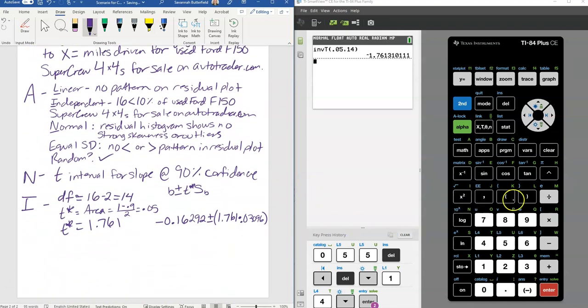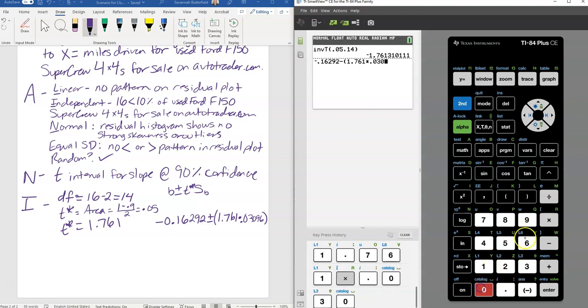So now I'm going to plug this into my calculator over here. I'm going to say negative 0.16292. We'll go ahead and say minus first, and then we're going to do 1.761 times 0.03096. And we're going to see what that number gets us. That's going to get us our lower number.